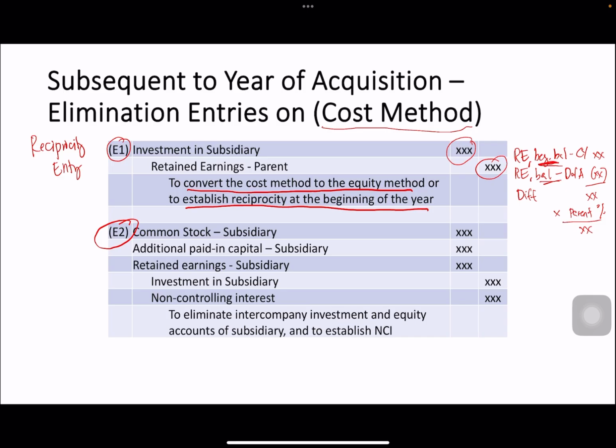Recall that this entry has 3 objectives. First is to eliminate the subsidiary's stockholders' equity. Second is to partially eliminate investment in subsidiary. And third is to partially establish non-controlling interest.